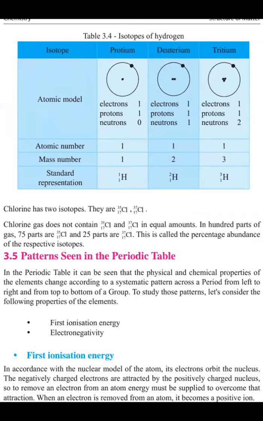Their atomic number is 1. Z is 1. Therefore, number of protons is 1, number of electrons is 1. But in protium, deuterium, and tritium, the neutrons are different.